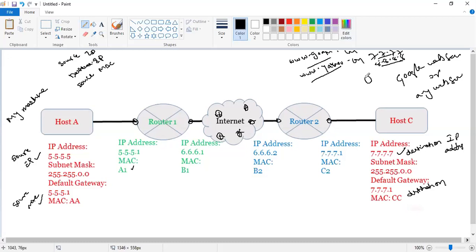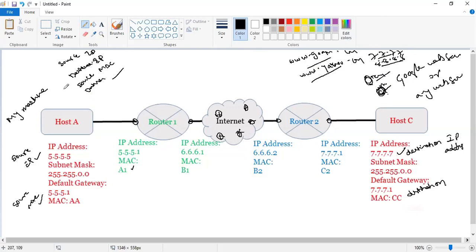One time I'll be putting in this machine, and next time another machine. But my IP address remains the same to reach google.com, while the machine's hardware might be getting changed. Just remember that. So that is the reason it's very difficult to have the destination host's MAC address over here.